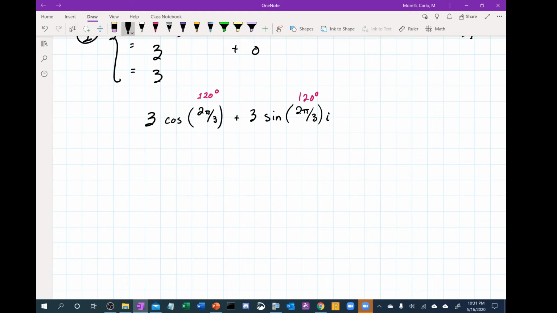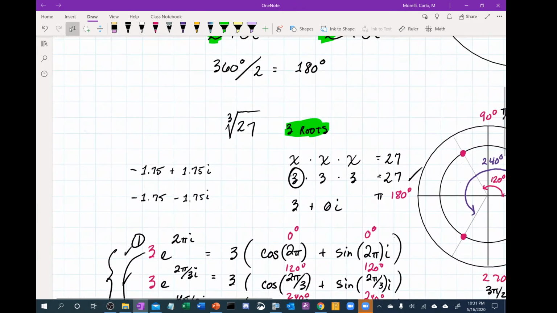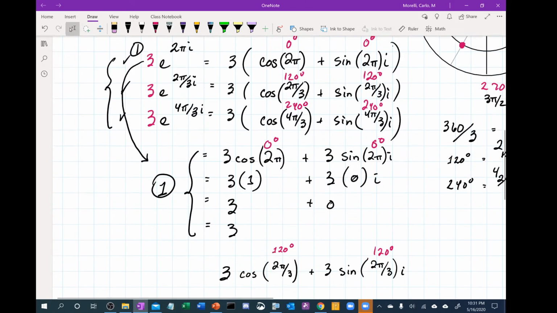Let's figure it out. So we could leave it in this form, by the way, because this is the exact form, but that's not much fun. Hey, remember that my guess was that it was negative 1.75 plus 1.75i.